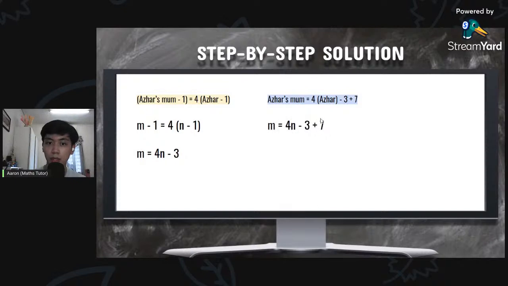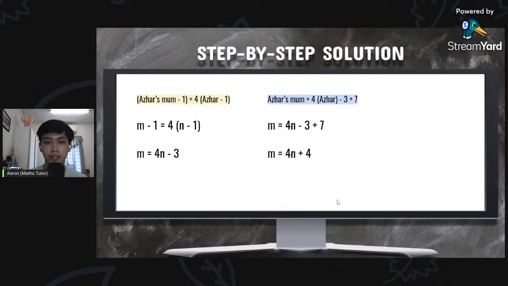If you want to know 7 years later, what's the age? We need to add. Kita nak tambah 7 dalam right hand side ini. So we can only get the expression. If we tambah 7 here, then we will get m equals to 4n plus 4.